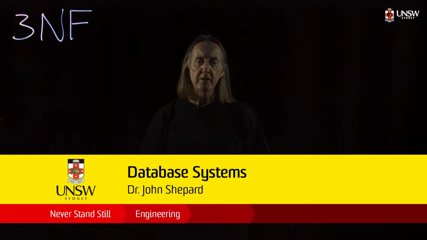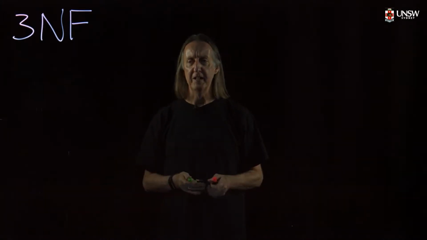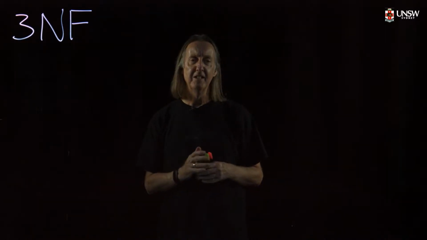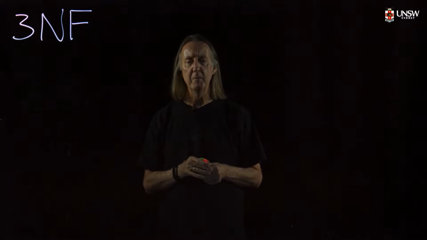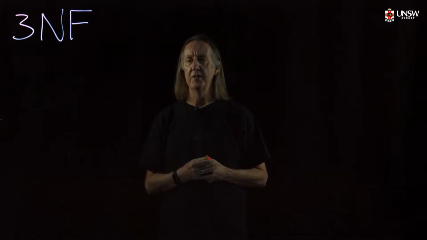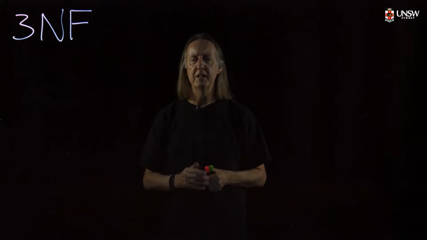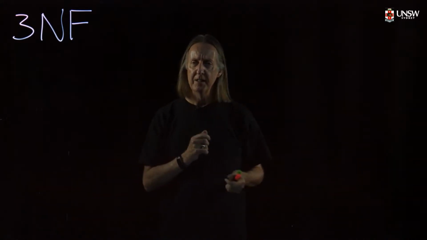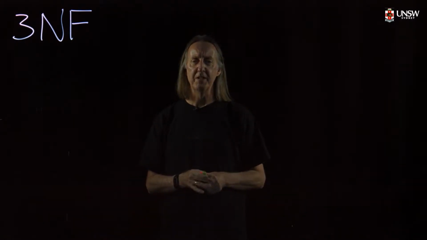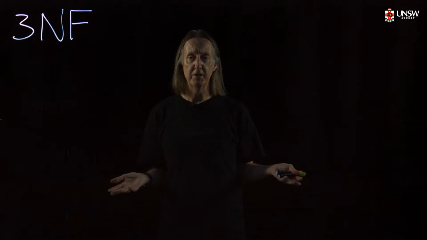So in one of the other videos, I talked about Boyce-Codd normal form, or BCNF, as a suitable way of decomposing a schema to minimise redundancy. Now, BCNF has one particular problem: having decomposed the schema, some of the functional dependencies that are inherent in the schema may no longer exist.